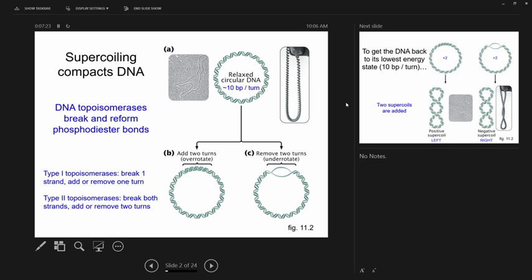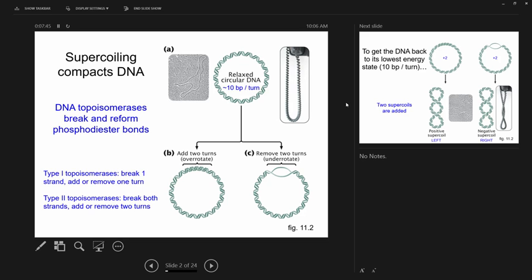Or if you unwind it, then it's not wound tightly enough. The DNA, just like the phone cord, wants to go back to its certain number of bases per turn, and so what will happen is this will unwind and this will rewind.